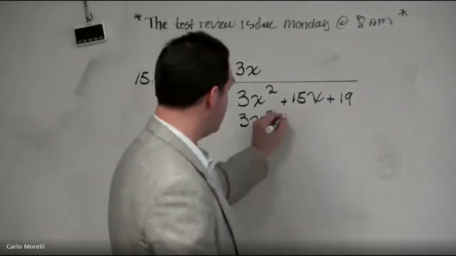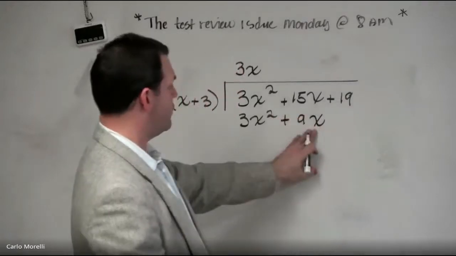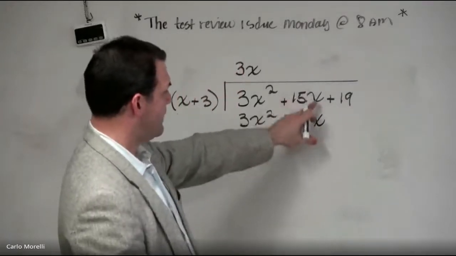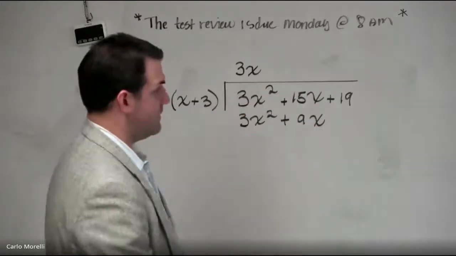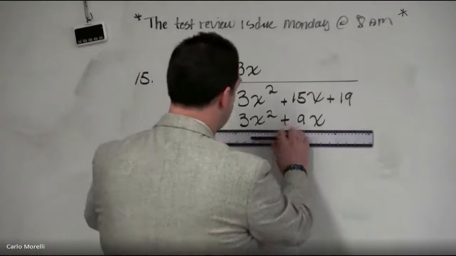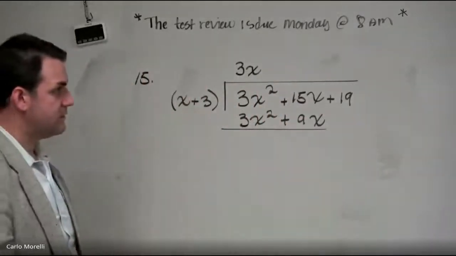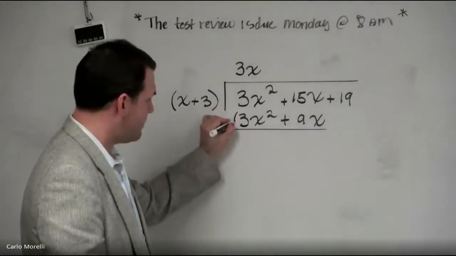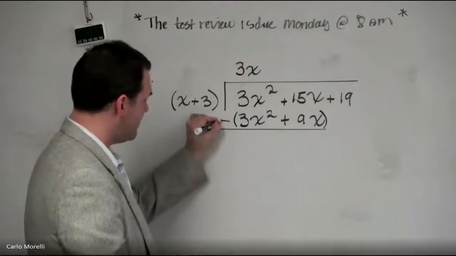So put plus 9x. And you want to make sure that you're lining up the x's and the x squareds and the plus signs. Now take your straight edge, draw a line, put the bottom expression in parentheses, and put a big minus sign out in the front.